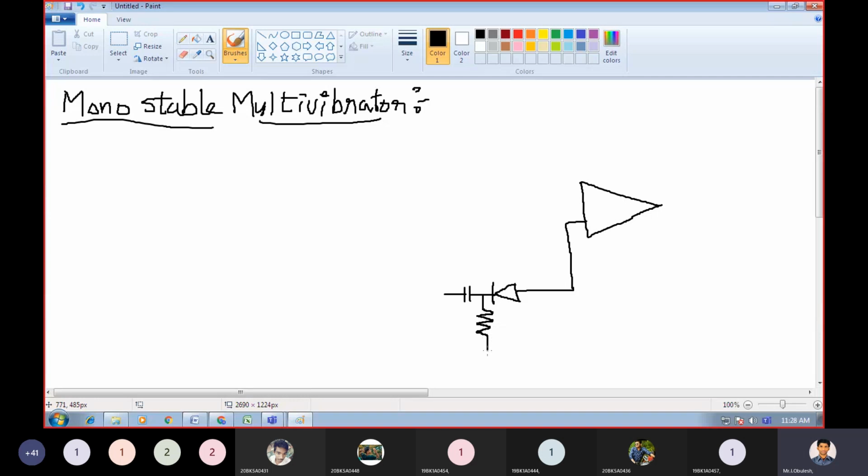Draw the diagram, all of you, carefully. Here you need to apply input voltage or trigger pulse Vi.